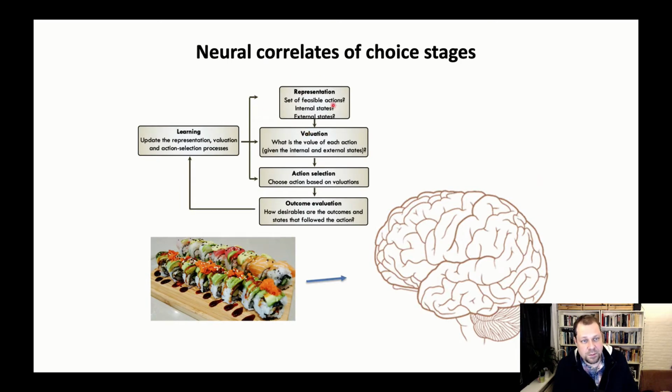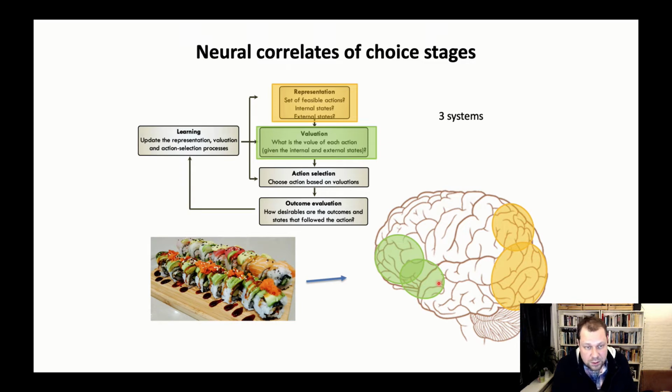So in a simple scenario like wanting to eat a piece of sushi, we have a visual representation here, which is then forwarded to evaluation in the ventromedial prefrontal cortex and striatum, which we've seen a lot today. This then leads to motor planning in the motor cortex.